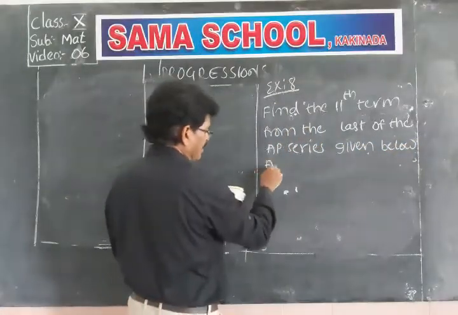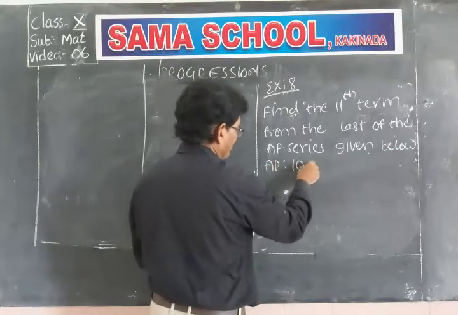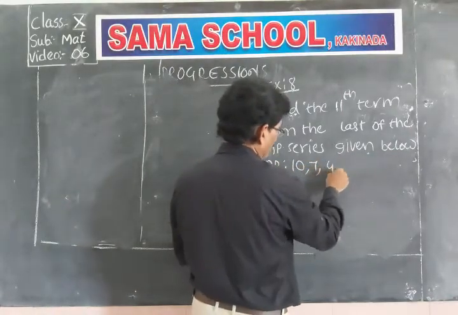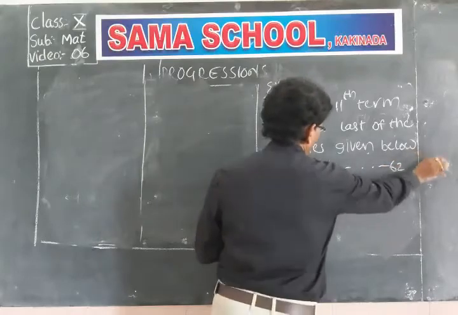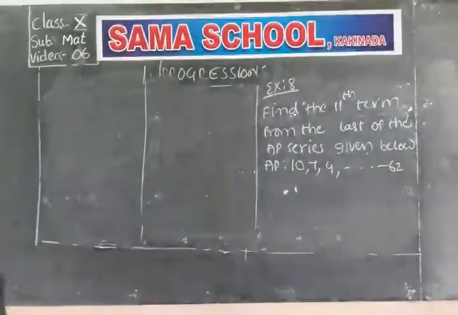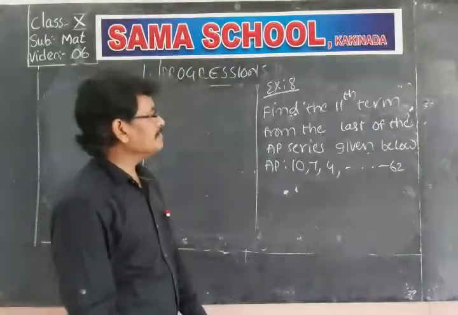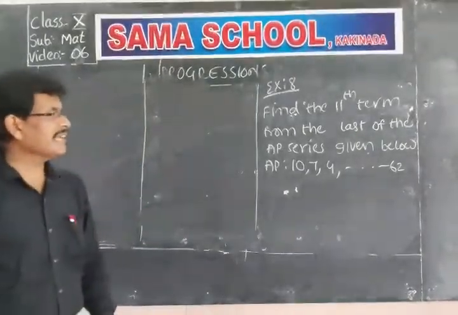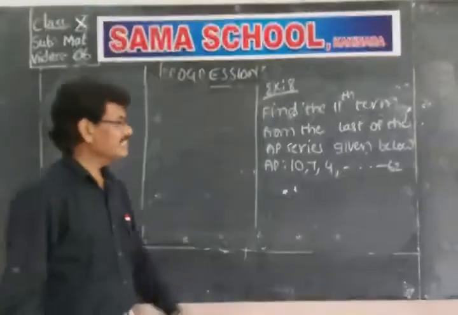Given AP: 10, 7, 4, ..., minus 62. Find the 11th term from the last term of the AP series.